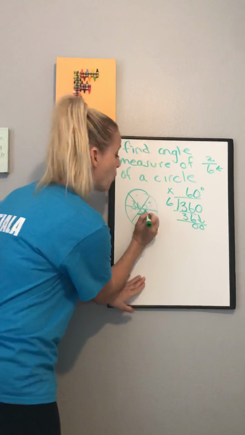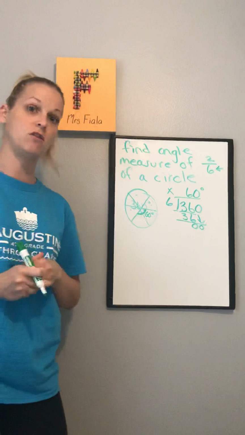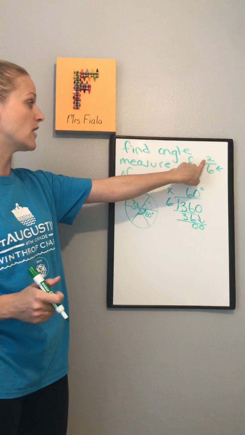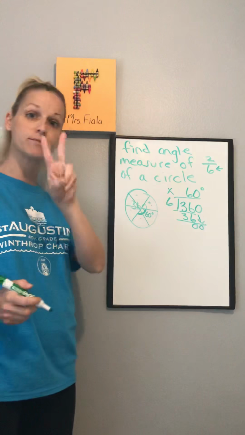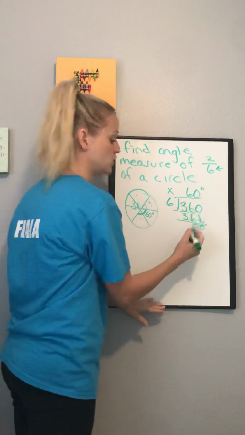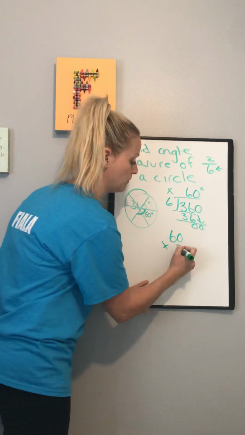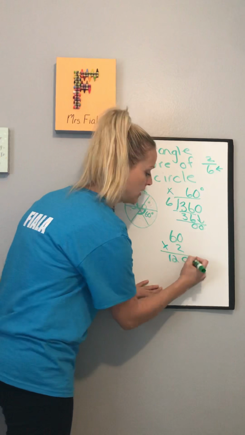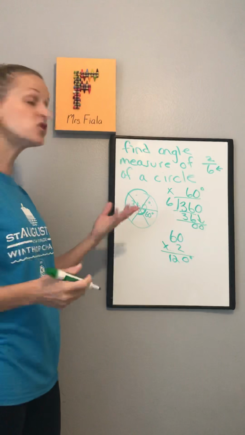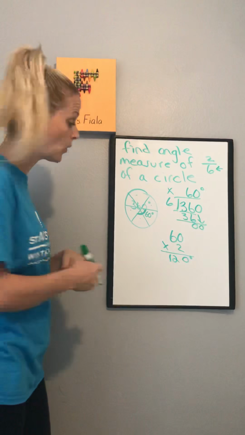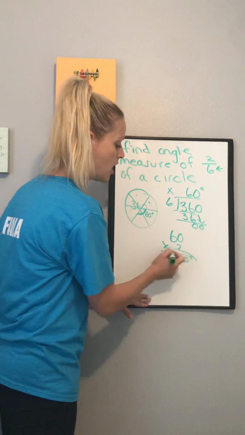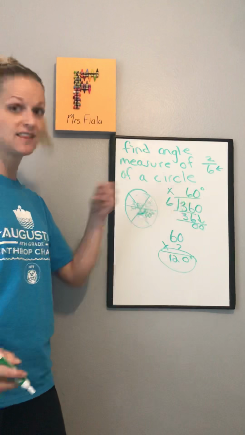60 degrees is one piece of that circle. I want to know the angle measure of 2 of those pieces. So step 2 was to multiply the degrees you got times the numerator, 2. And that gives me 120 degrees. You could also just add 60 plus 60. So my answer is 120 degrees, not the 60 degrees.